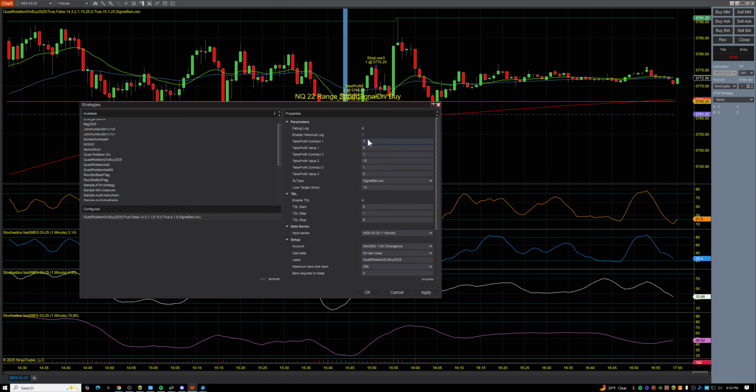So there are different ways to set these up. You could arrange these any which way you want. In this case, we're going to notice that we have 3, 4, 5 contracts. So it's going to be trading 5 contracts on your entry, because it already calculated how many contracts here, 1, 2, and 3.